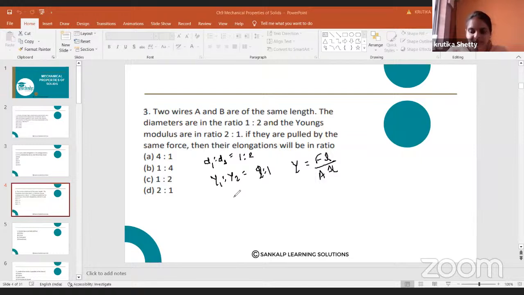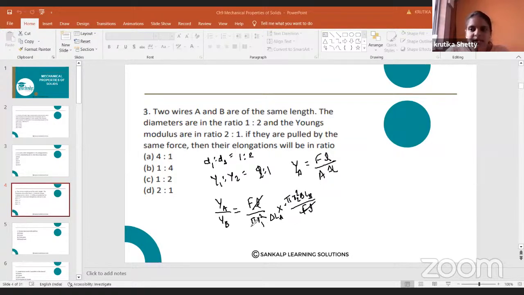Okay, so for object A, this is the expression: Y equals FL upon A into delta L, and for YB it will be FL upon A into delta L B. So YA upon YB is equal to F into L upon A, where I substitute pi r square because it is a wire, into delta L, this is for A. Then for the second one it is pi r2 square upon delta LB into F into L. Here take R1. Since the force is the same, the force term cancels, the initial length is also the same, so that also cancels.